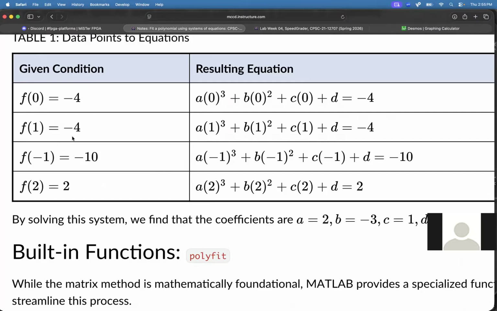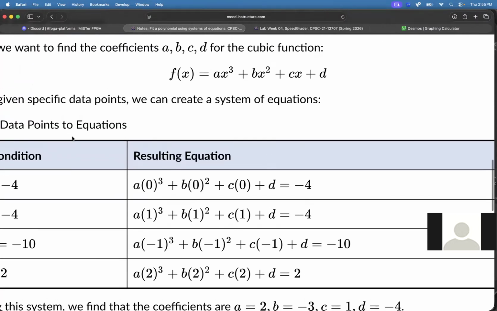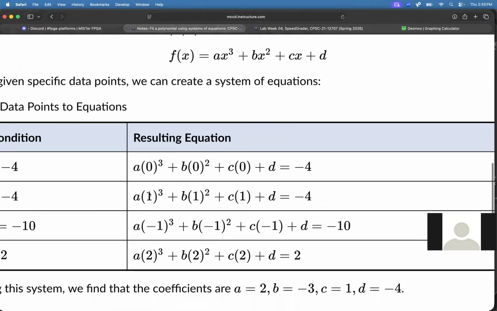So you have f of 1 equals -4. If you put a 1 in here for x, then you have a times 1 cubed plus b times 1 squared plus c times 1 plus d equals -4.